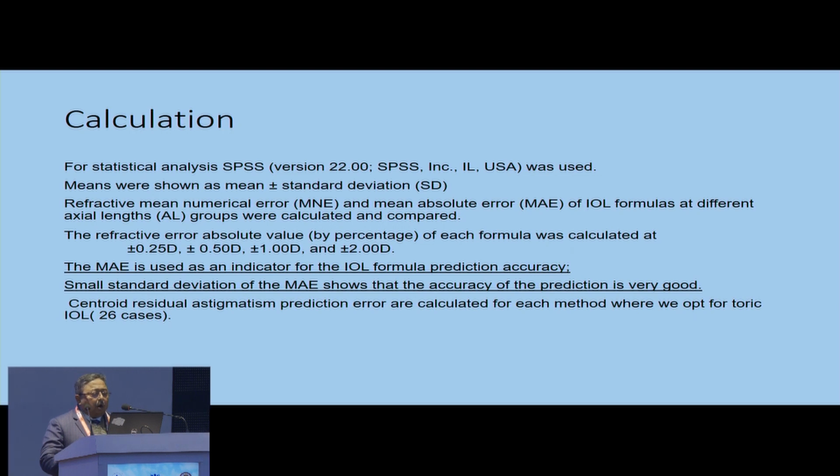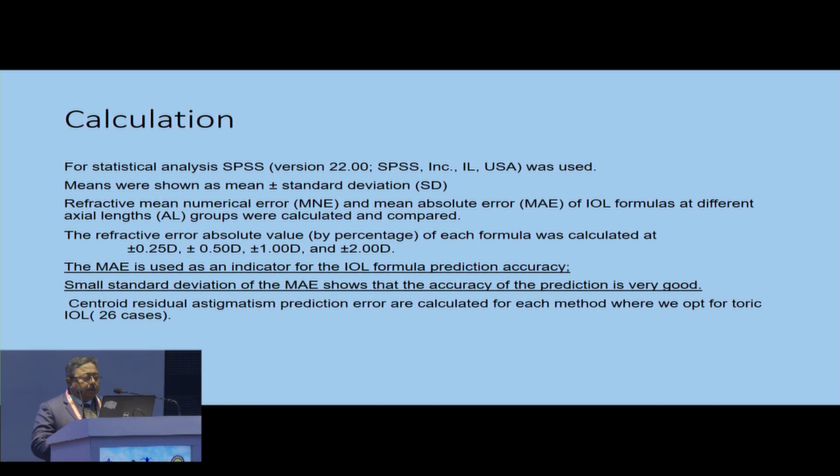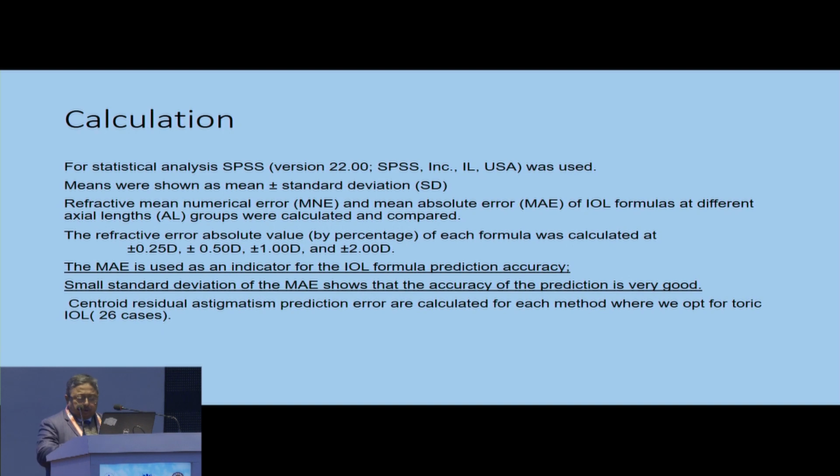The absolute refractive error by percentage of each formula is calculated at 0.25, 0.5, 1, and 2 diopters. Mean absolute error is used as an indicator for the IOL formula prediction error. A small standard deviation of the mean absolute error shows the accuracy of the prediction is very good.